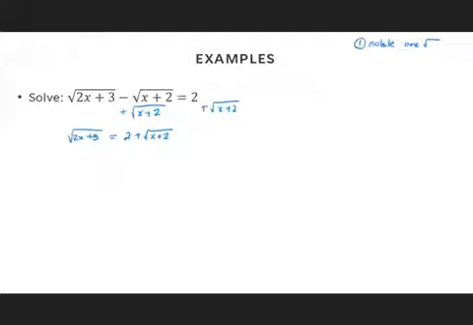Now I wrote it what appears to be backwards, I did that on purpose. I don't want to accidentally write the square root of x plus 2 and have this little tail right here be too long and confuse me into believing that this 2 is actually inside, because it's not.